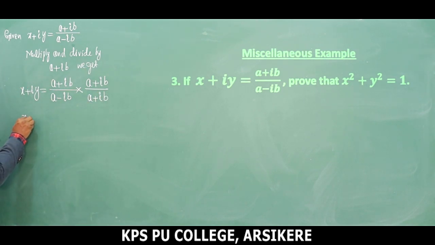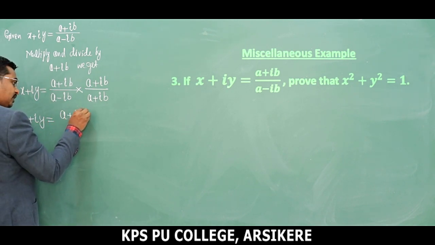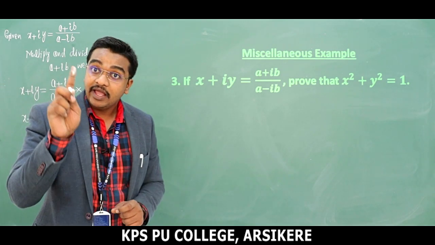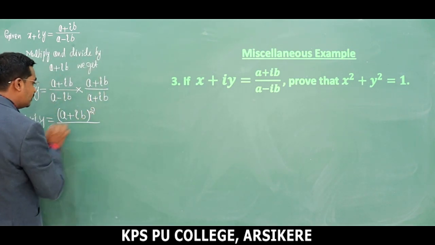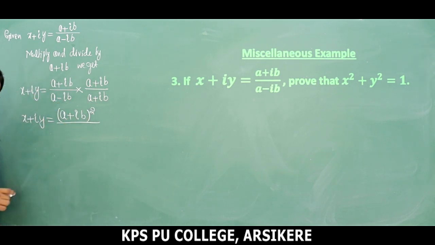Next, x plus iy is equal to a plus ib into a plus ib. Just observe in numerator a plus ib into a plus ib, that becomes a plus ib whole square, whole divided by again a minus ib into a plus ib.